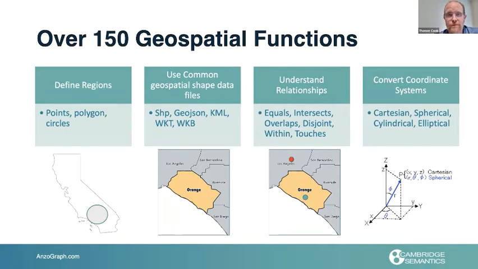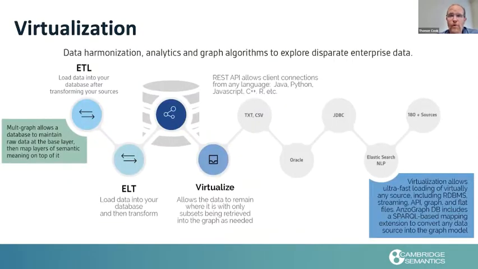Things of that nature. We also support data virtualization. This is the ability to have the graph access non-graph sources underneath, but make it transparent to the user. We can support over 200 different data source types underneath the graph.